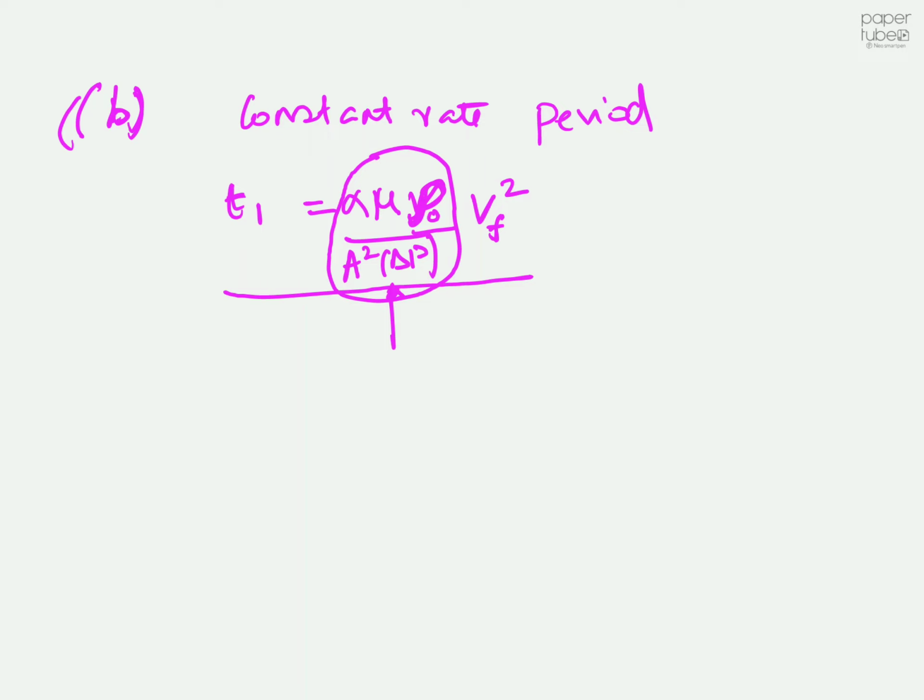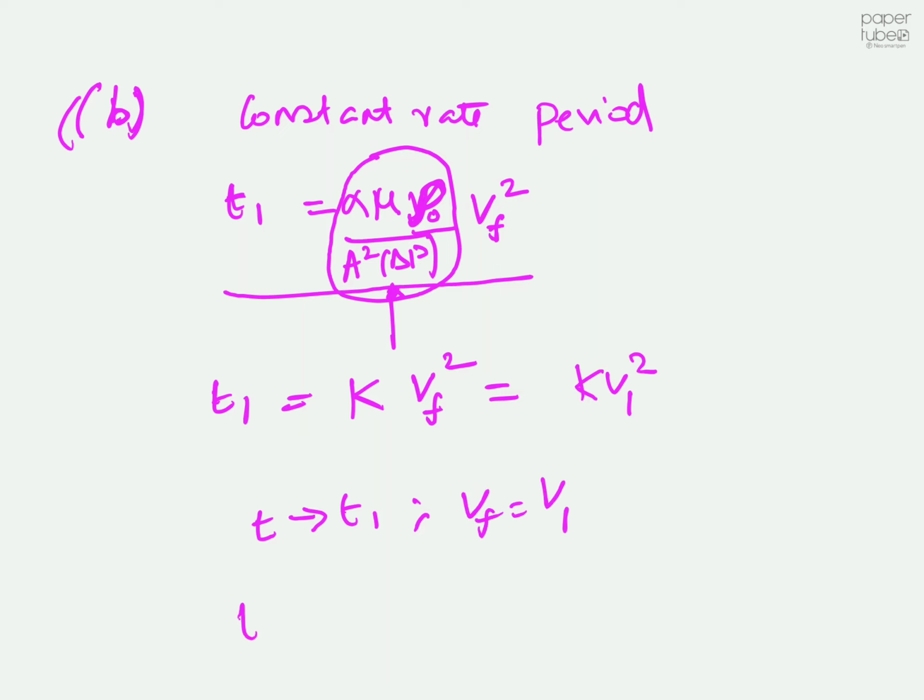So let's call this K multiplied by Vf squared. So T1 is equal to K into V1 squared. We already know that when time t equals T1, the volume of filtrate is equal to V1. So T1 is equal to K multiplied by V1 raised to the power 2.